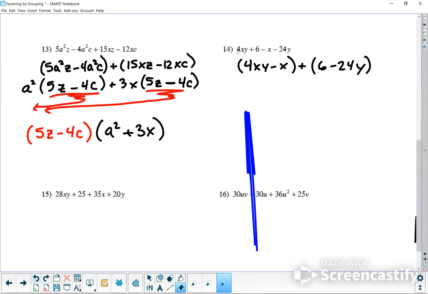Let's see. You take out x, you'll be left with 4y. Yeah, that'll still work. 4y minus 1. And we take out 6, you'll be left with 1 minus 4y. So the first part, you should take out x.